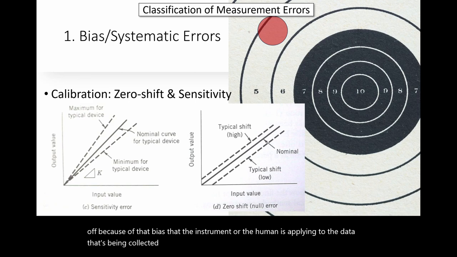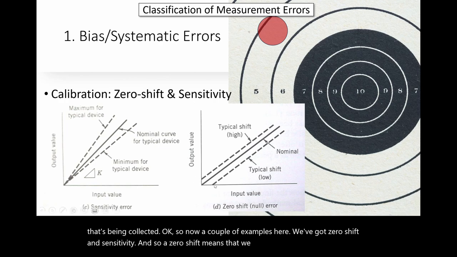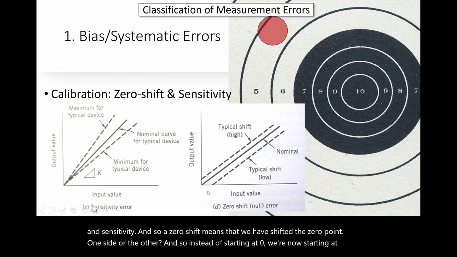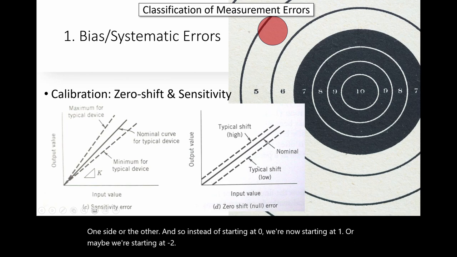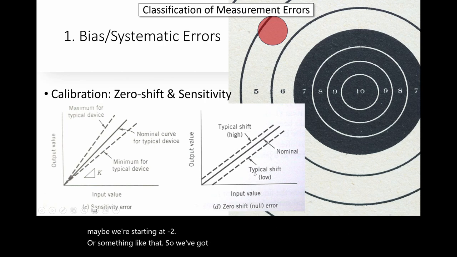Okay, so now a couple of examples here. We've got zero shift and sensitivity. A zero shift means that we have shifted the 0 point one side or the other. And so instead of starting at 0, we're now starting at 1, or maybe we're starting at -2 or something like that. So we've got this zero shift or null error offset. We also have maybe a sensitivity.